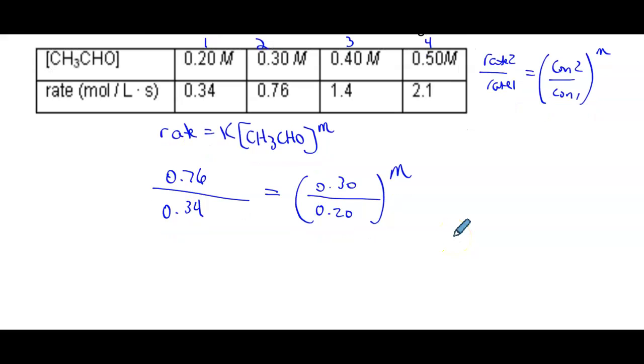Then we're going to take 0.76 divided by 0.34, and we get 2.2, with 2 sig figs. And then we take 0.3 divided by 0.2, and we get 1.5 to the m. All I did was divide these two and divide these two. We're going to take the ln of both sides.